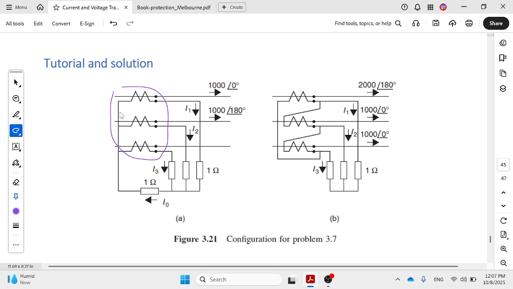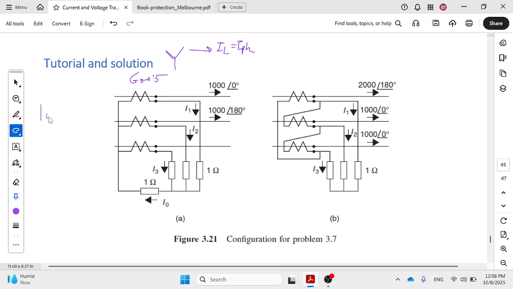The secondary is connected all to each other, and the other side is the other way. So this is the Y connection. We know for the Y connection, I line is equal to I phase. So easily you can use the CT, which is 600 to 5, to convert this current.